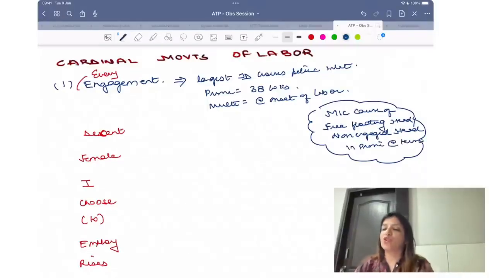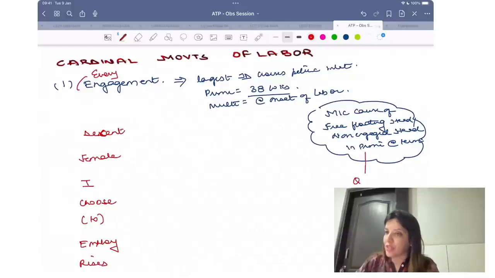The question will either say free floating head or non-engaged head. In a primigravida patient, engagement should happen at 38 weeks. But if engagement is not happening, then what is the most common cause? Quickly tell me. NEET PG students are going to answer this for me. What is the most common cause?